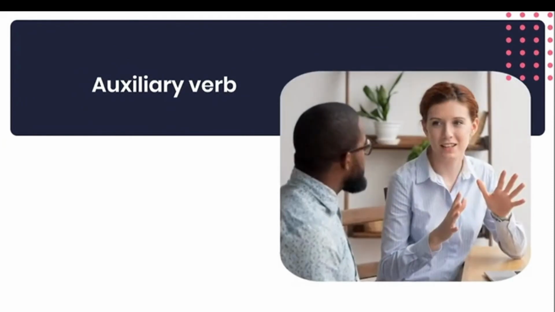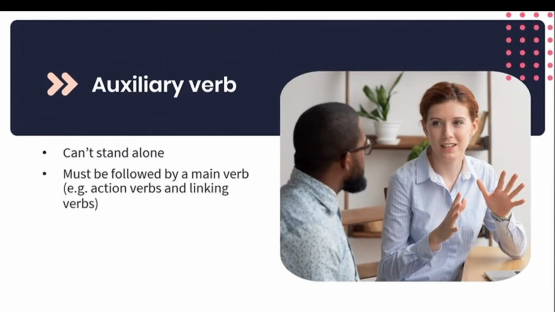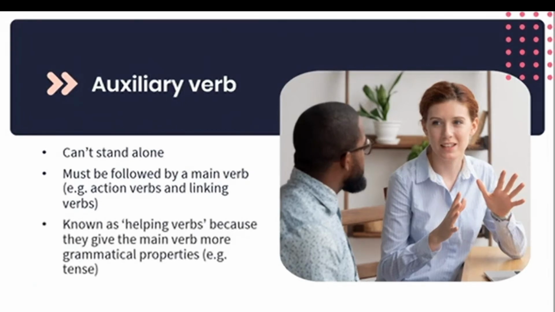The next type of verb is an auxiliary verb. Auxiliary verbs can't stand alone. They need to be followed by a main verb. Now, action verbs and linking verbs that you just learned about are main verbs. Auxiliary verbs are also known as helping verbs because they help the main verb by giving it more grammatical properties.